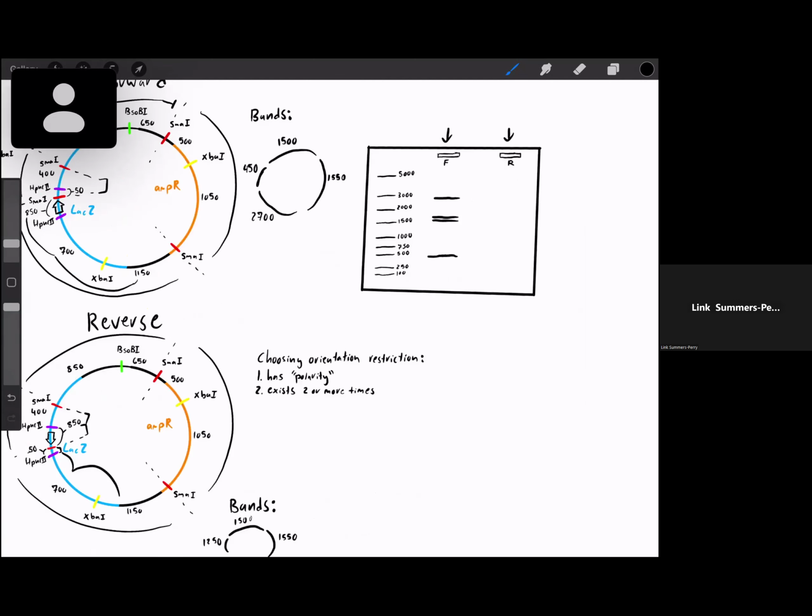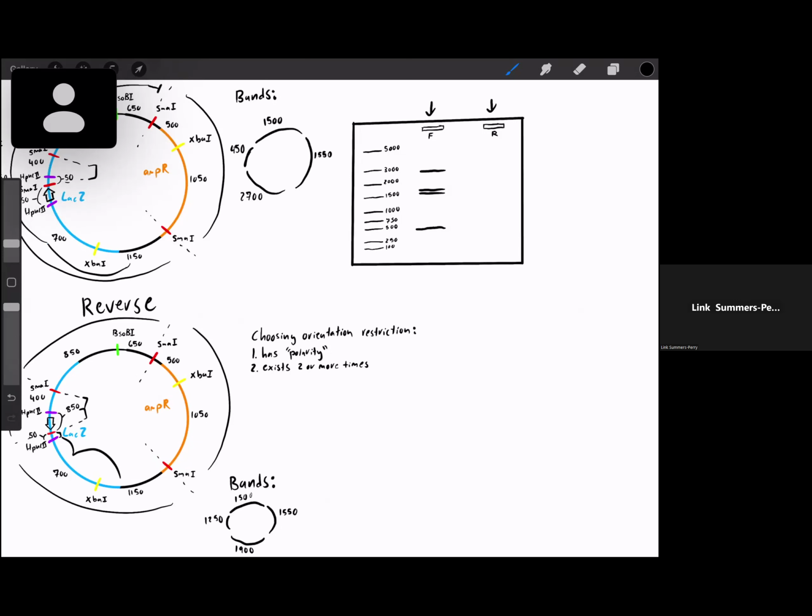For reverse, our lowest is 1,250. So we're going to put that right in the middle of 1,500 and 1,000. And then we have 1,500, which will be there. And then we have 1,550 again.